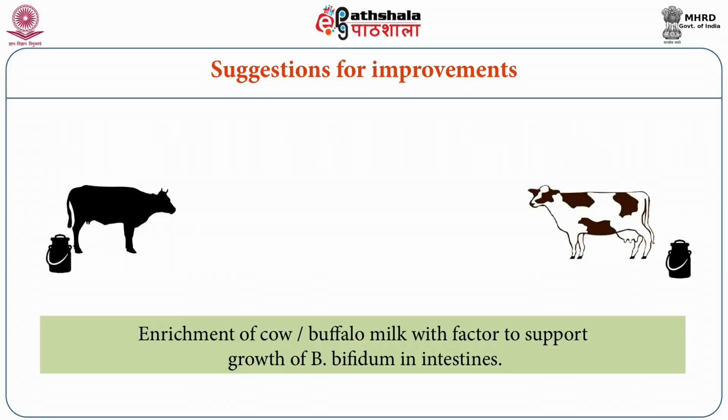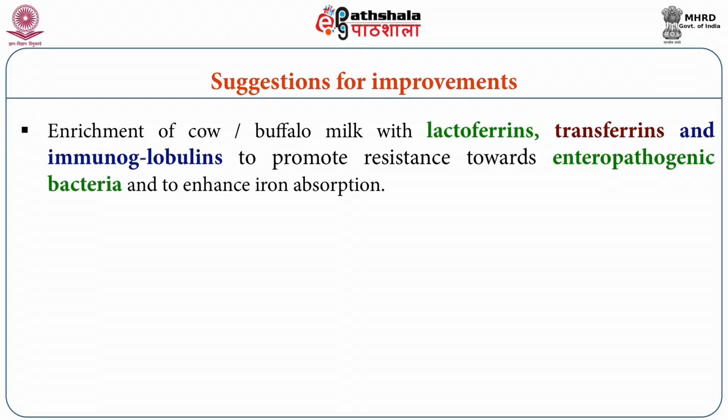One more suggestion is enrichment of cow or buffalo milk with factors to support growth of Bifidobacterium bifidum in intestines. We can also modify cow or buffalo milk with lactoferrin, transferrin and immunoglobulins to promote resistance towards enteropathogenic bacteria and to enhance iron absorption.